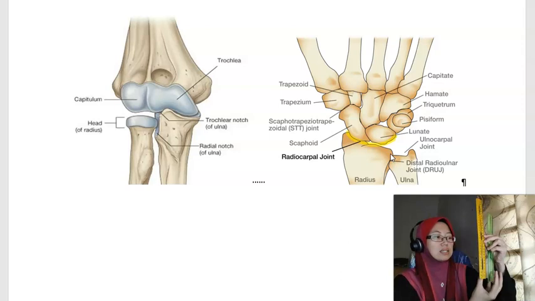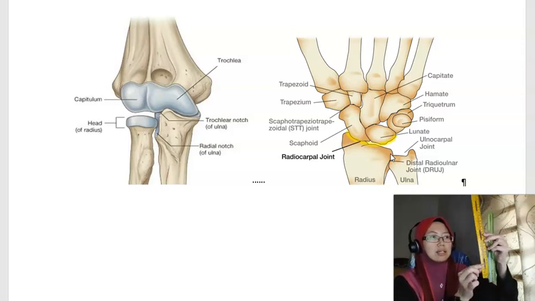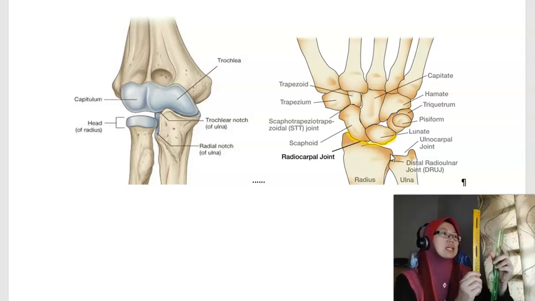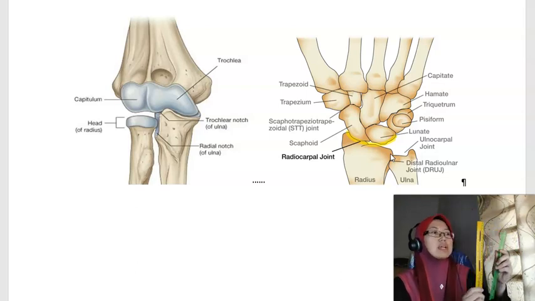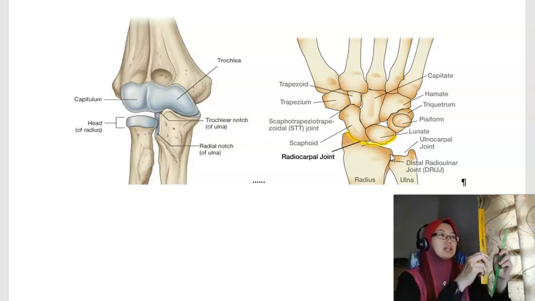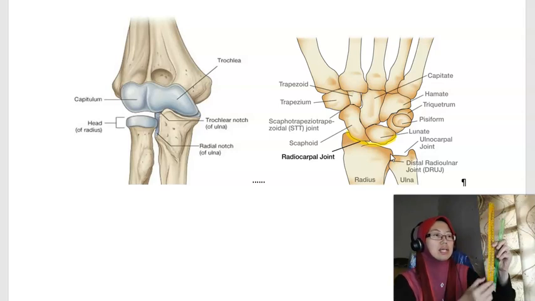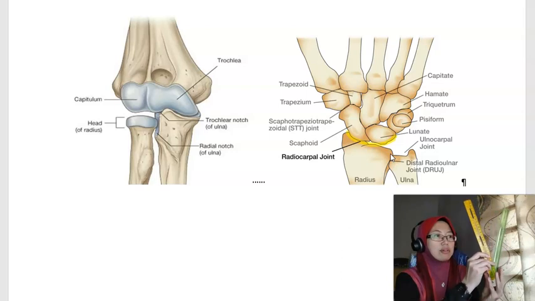So the radius has the ulnar notch of radius. The small part makes an impression on the big part. The small ulnar head makes an impression on the big part of the radius, so it is called the ulnar notch of radius.